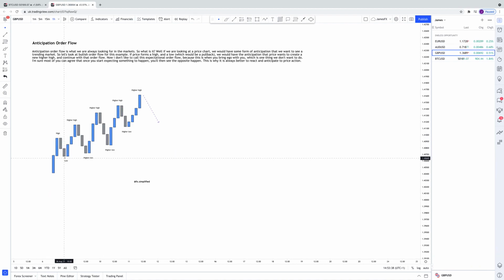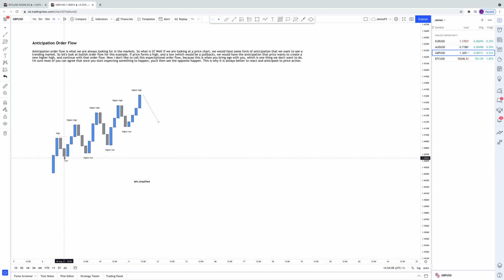But this low is not confirmed until we actually get a break above the most recent high, which will be here. So what we would be anticipating for a bullish order flow is for this high to be taken out, and once that high gets taken out, that forms a higher high. You can see this is the new higher high because it broke above this, so it's a break of structure and it's also higher than the most recent high.